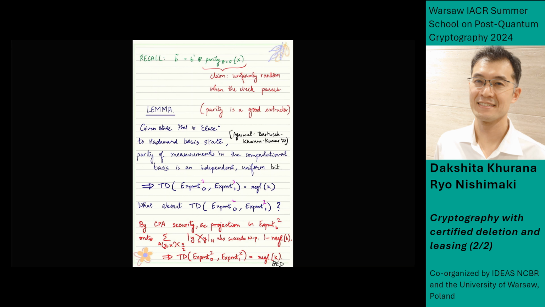If there were a non-negligible difference between the second and third games, it would contradict the CPA security of the standard public key encryption scheme. So the trace distance of experiment 2 sub 0 and experiment 2 sub 1 is negligible. This is what we want to get.